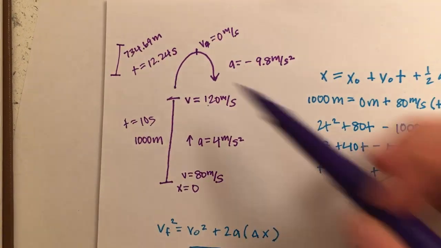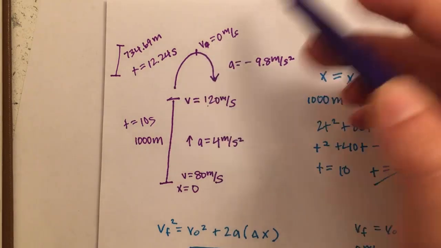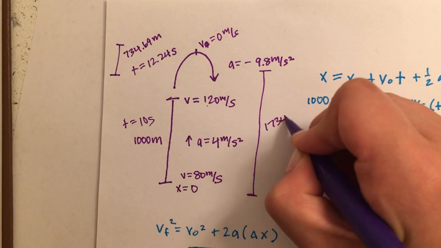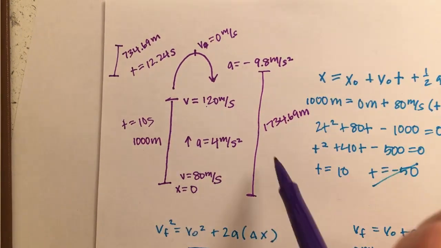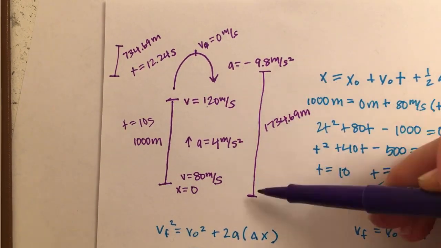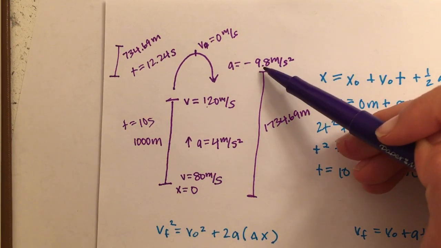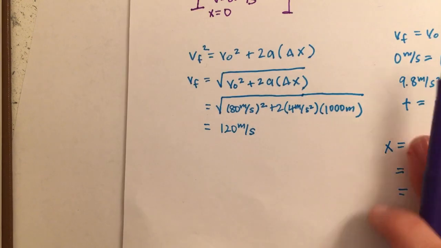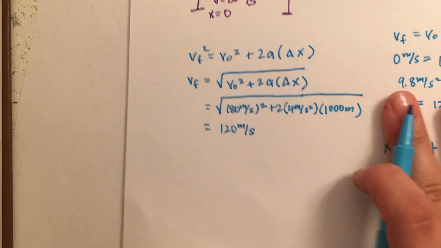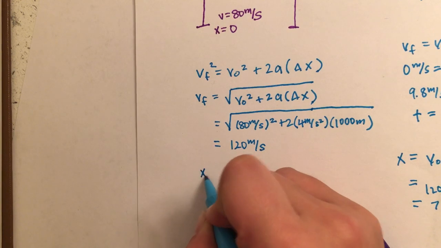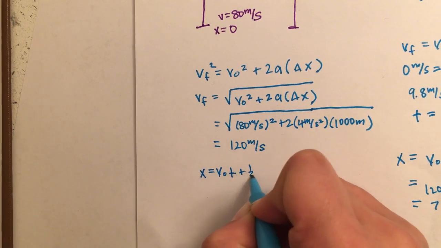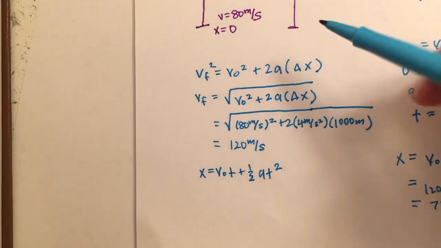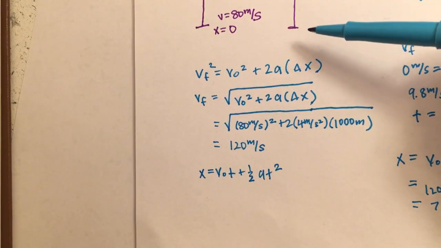And that's also the amount of distance that this rocket will have to travel on the way down, 1,734.69 meters. So since we know that that's the distance it has to travel down, and the acceleration is 9.8 meters per second squared, because that's gravity, we can go ahead and use this kinematic equation, x equals v initial t plus 1/2 a t squared, to find the amount of time that the rocket will take to go to the bottom.